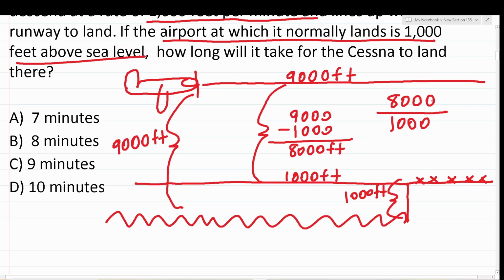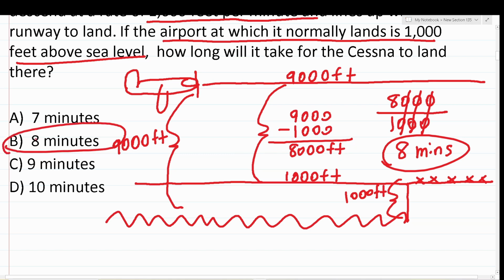If you can't do this mentally, you can cross out that pair of corresponding zeros, and that pair of corresponding zeros. 8 divided by 1 is 8. So in other words, it's going to take this Cessna, which is descending at an average rate of 1,000 feet per minute, 8 minutes to travel 8,000 vertical feet to land on this runway. So the answer to this one is B, 8 minutes.